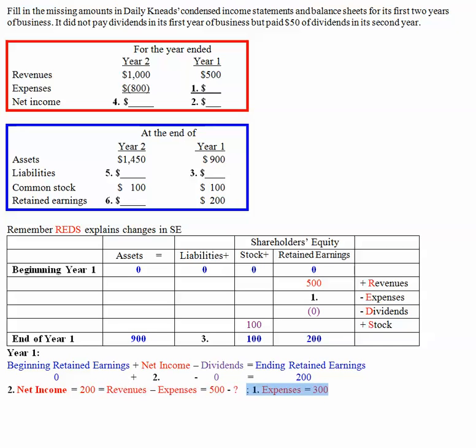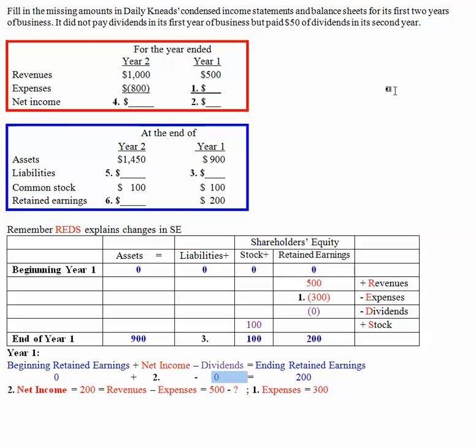So we know that expenses must be 300. So I can put my 300 in there, and just to recap, I started with knowing my ending retained earnings. From my ending retained earnings, I was able to get to net income because we can see that they retained all of their earnings. And then what I was able to do is determine my expenses.